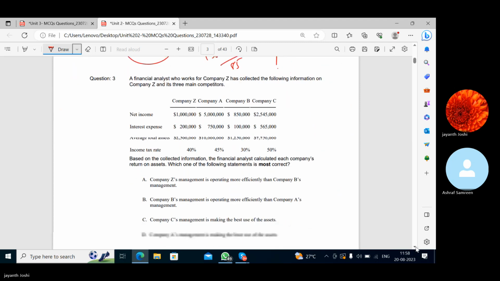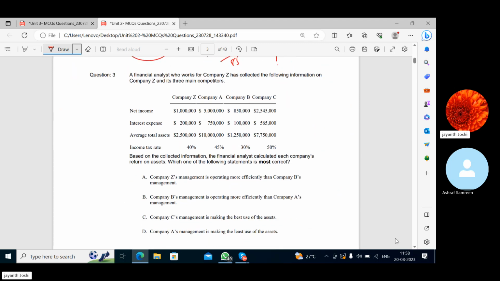Next question. Okay, so a financial analyst who works for company Z has collected the following information on company Z and its three main competitors.